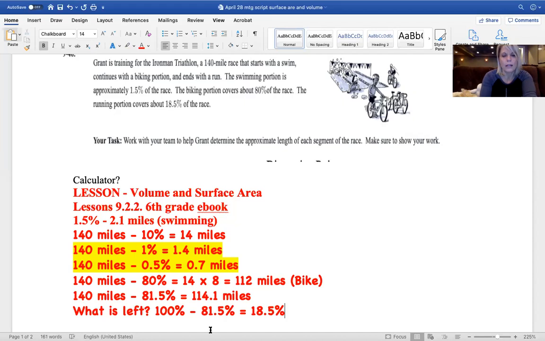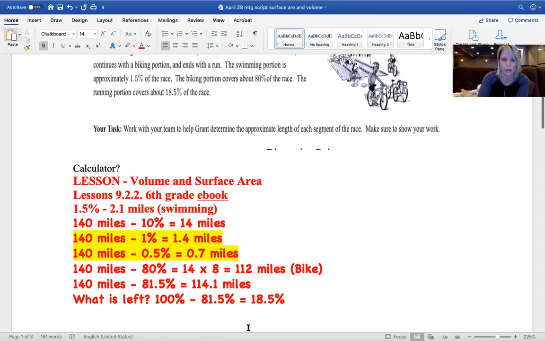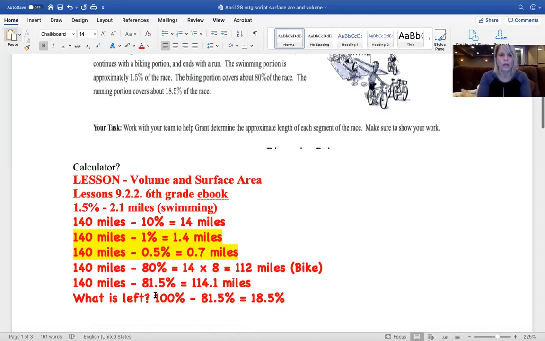Okay, so if that's true, think about what do I have to use, which miles, what subtracted by what do I have to do to find what 18.5% would be? So the whole race minus 81.5% equals 18.5%. So what am I going to think about this here?